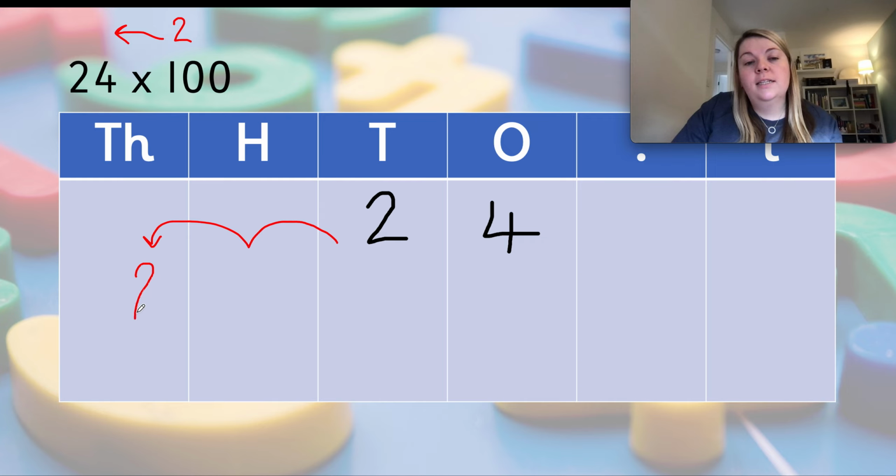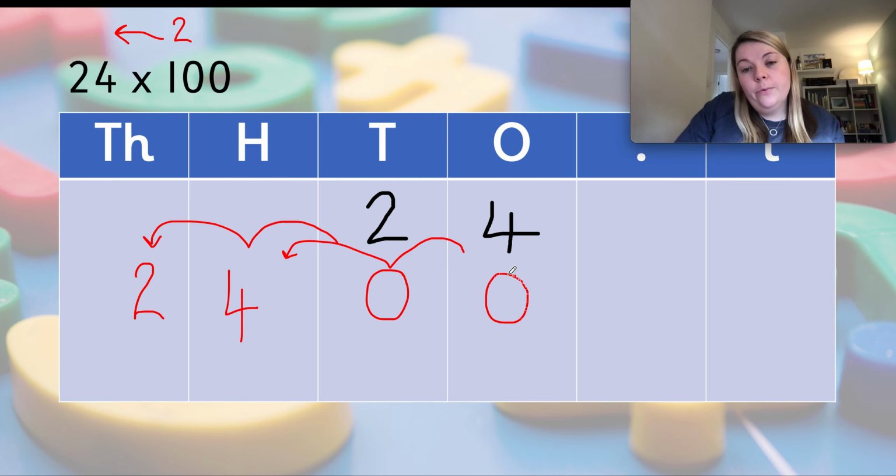So my 2 in my tens becomes 2000s. My 4 moves to my tens and then to my hundreds. So my 4 in my ones column becomes 400s. And then I put my empty place value holders, so my zeros in. So 24 groups of 100 is 2,400. Okay?